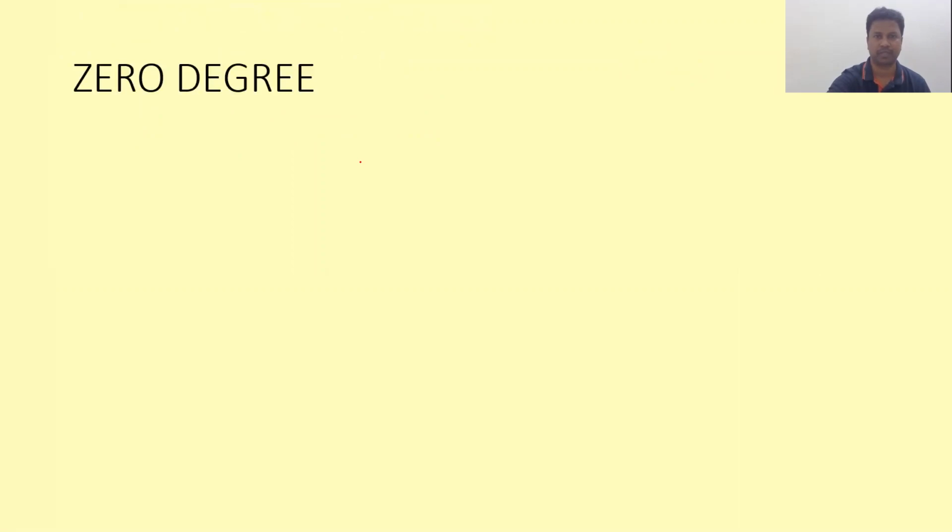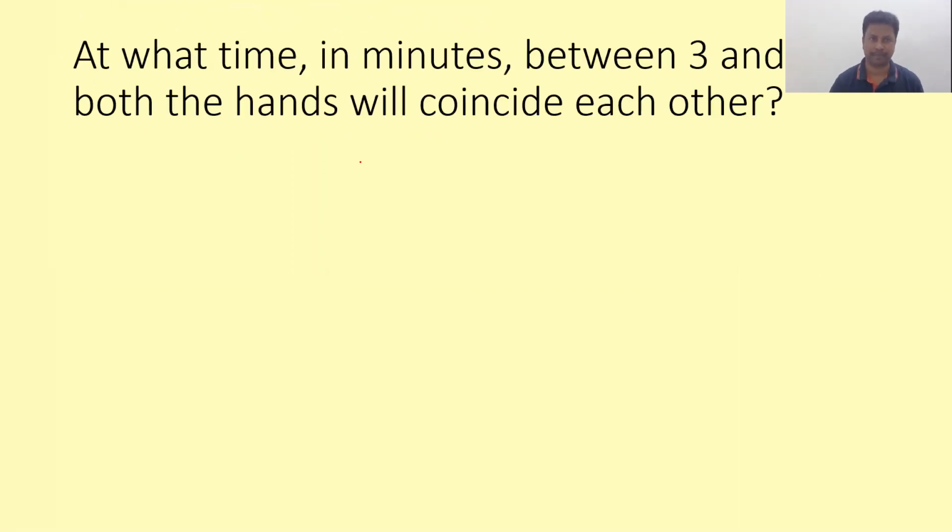Now see this question, 0 degree. At what time between 3 and 4 o'clock will both the hands coincide with each other? Coincide means 0 degree. So they're asking at what time between 3 and 4 o'clock the hands of the clock will coincide, that is, there will be a 0 degree.